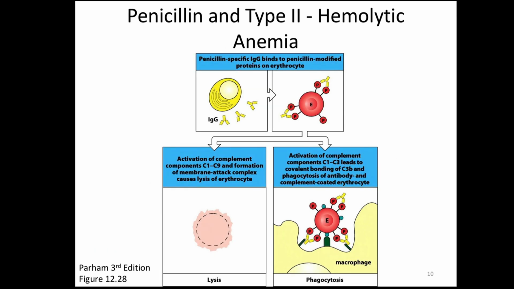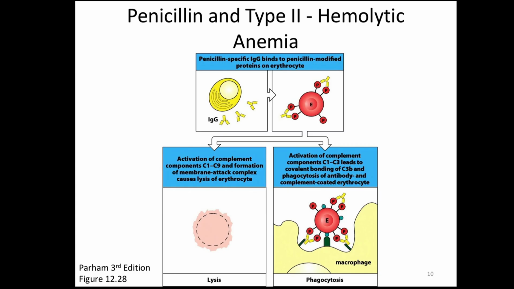And so here you can see, here's our red blood cell. It's modified because it has penicillin antigen on it. It normally would not have little circles with a P, but it's been modified so it has them. If antibodies happen to bind to that, then that red blood cell can get killed either by complement-mediated lysis or it can actually get killed by phagocytosis from macrophages.